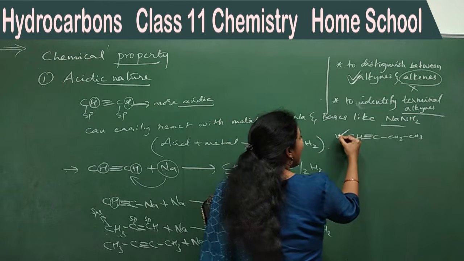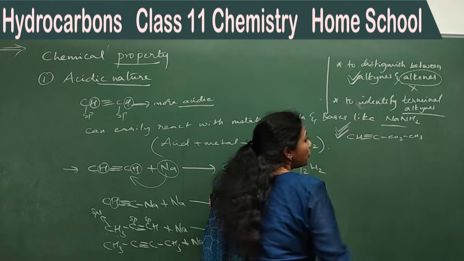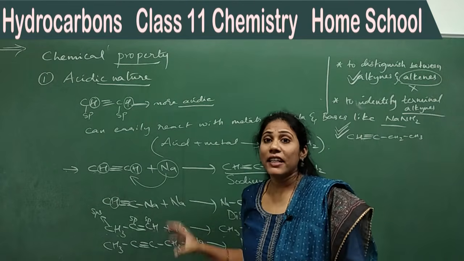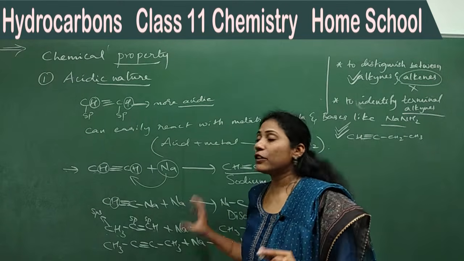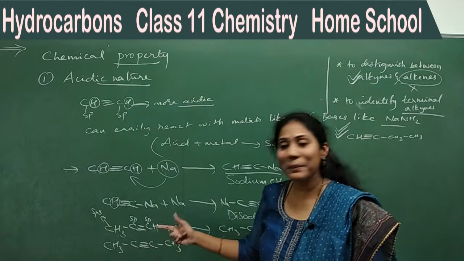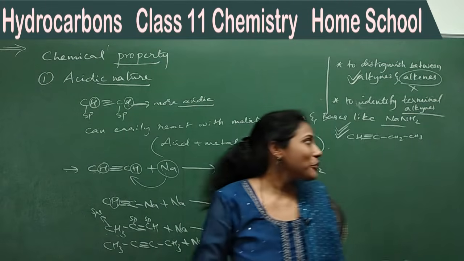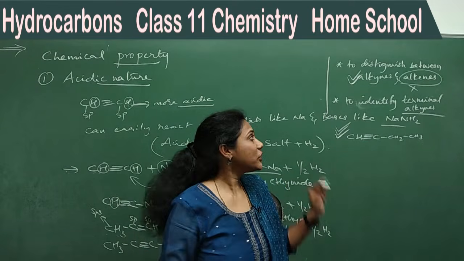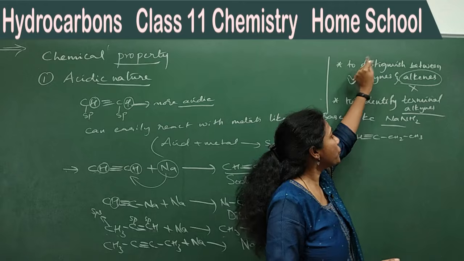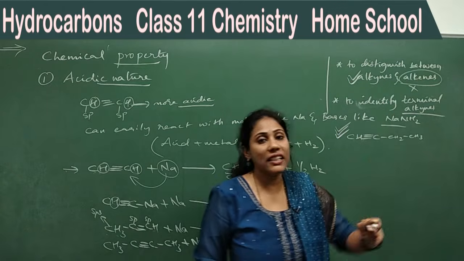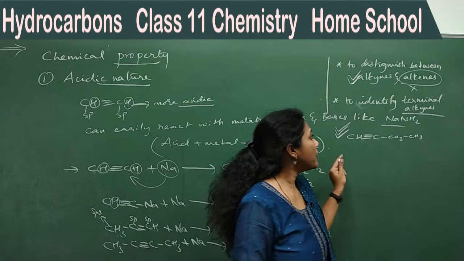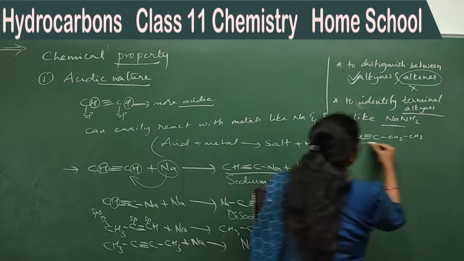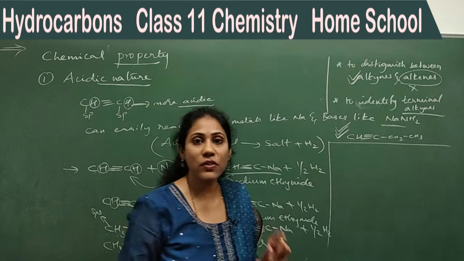Always, terminal alkynes will give a positive test when they react with metals. Only terminal alkynes can react with metals, not non-terminal alkynes. So you have two uses out of this reaction. One is to distinguish between alkynes and alkenes, and another is to identify terminal alkynes. For competitive purposes, I'll give you two more equations which are very important.